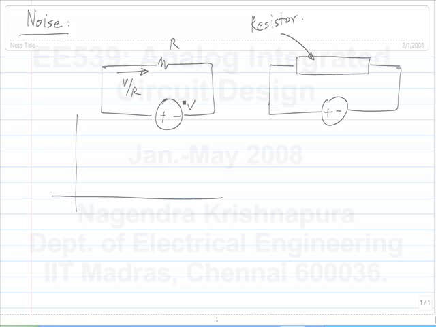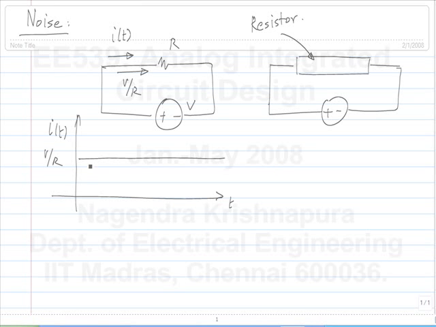Let's say V is a DC quantity, that is, it's not changing with time. And if you plot this current I of t versus time, everything that we know so far says that the current will be a constant V by R.